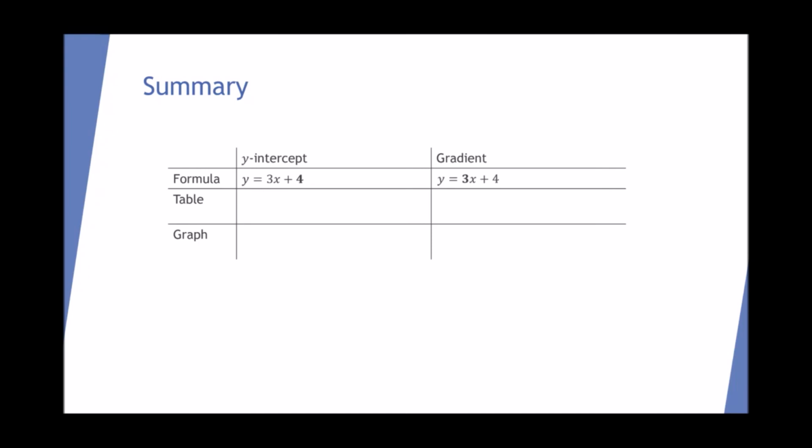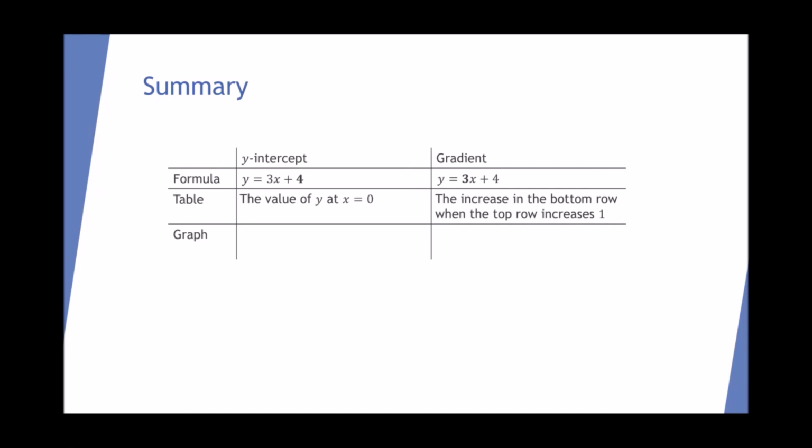Then let's have a look in the table. In the table, if we want to know the y-intercept, we look at the value of y at x equals 0. And for the gradient, we have a look at what happens if the top row increases by 1, if the top row goes 1 up, what happens to the bottom row? That is our gradient, what we add or subtract there.